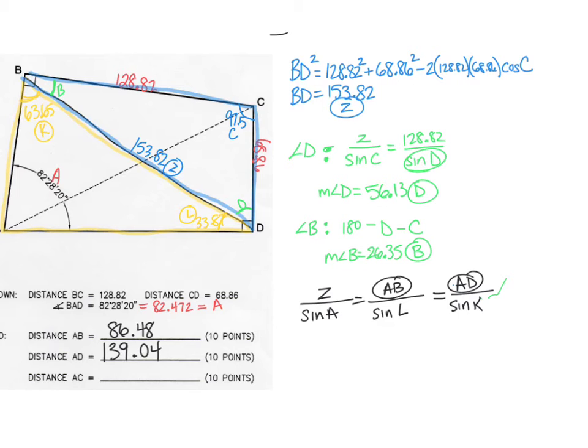Last thing we have is AC, which is that diagonal that goes back to the original. Here we go. So I'm going to be working with this triangle right here, because I have a lot of information on that.